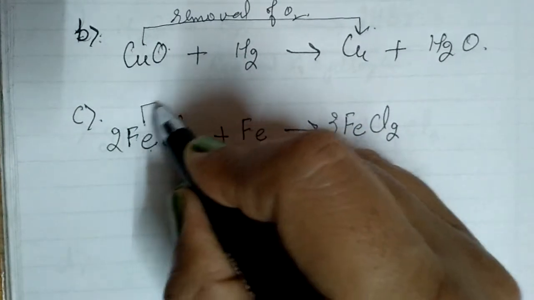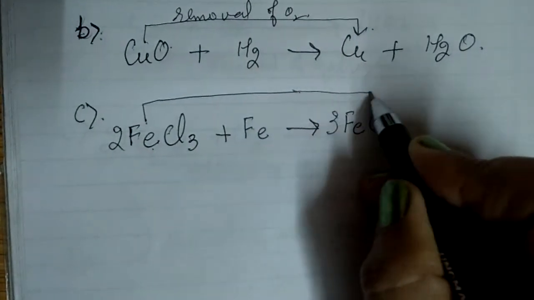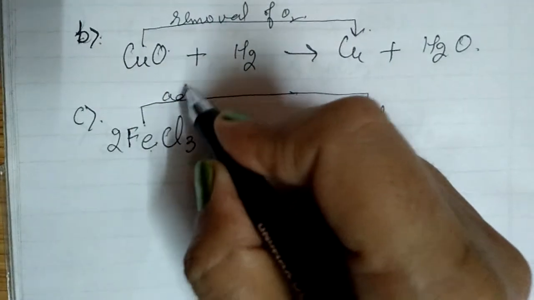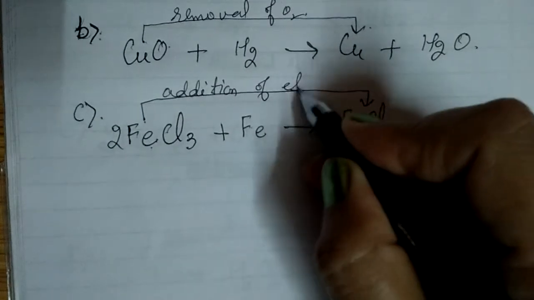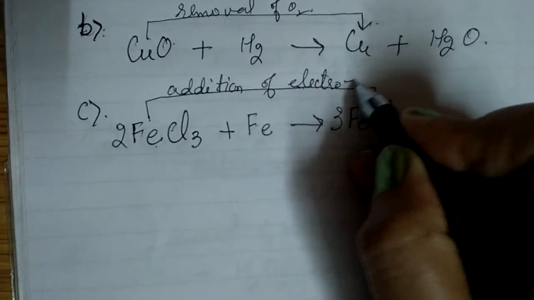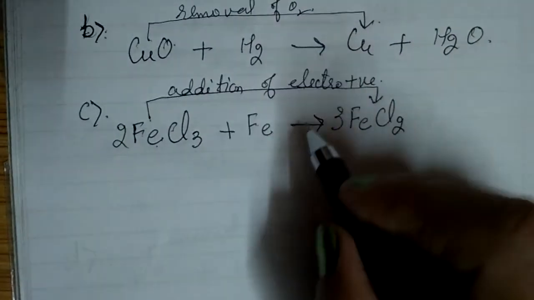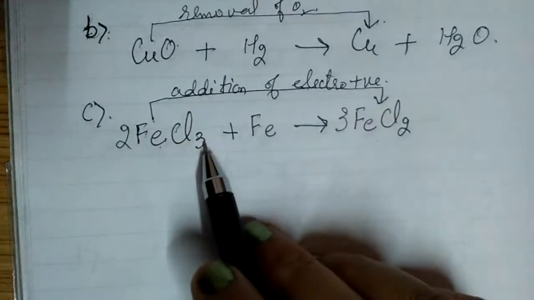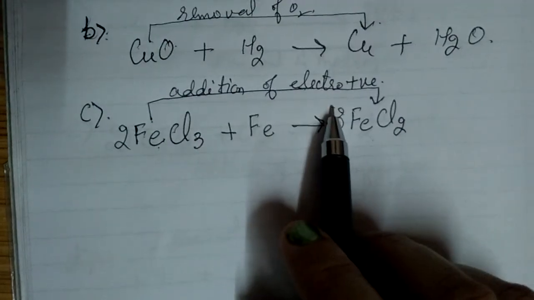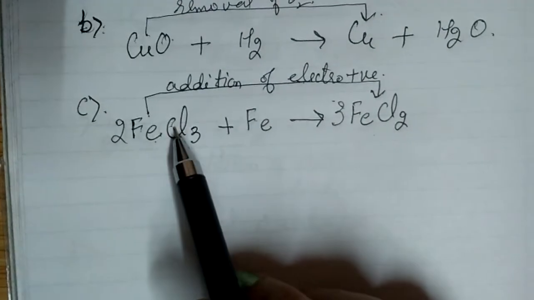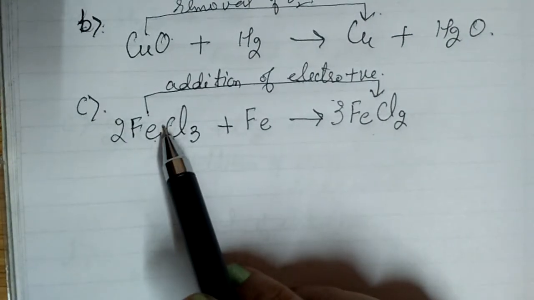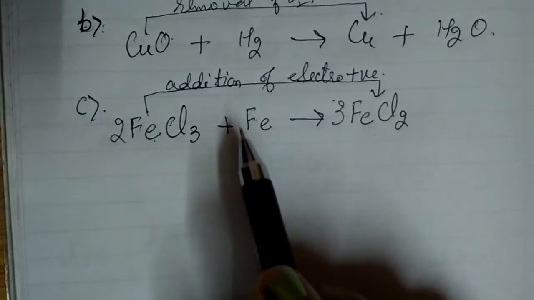So what we can see here in this condition, the addition of electropositive radical. Okay, so in the reaction, if there is addition of an electropositive radical, we say that it is a reduction reaction.